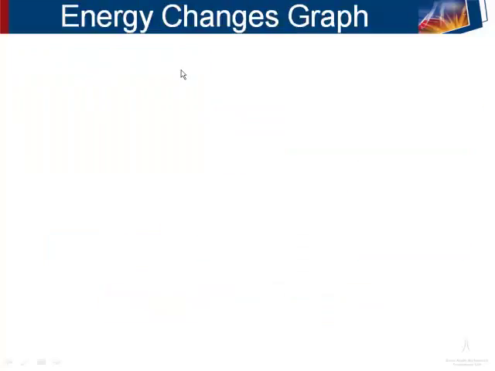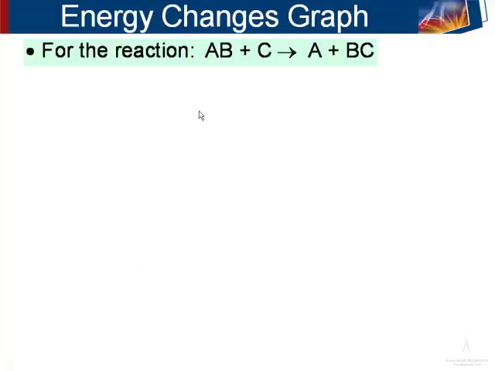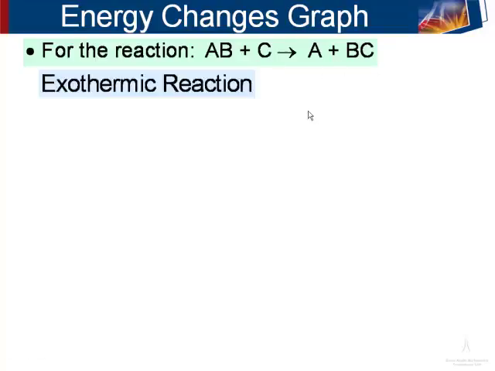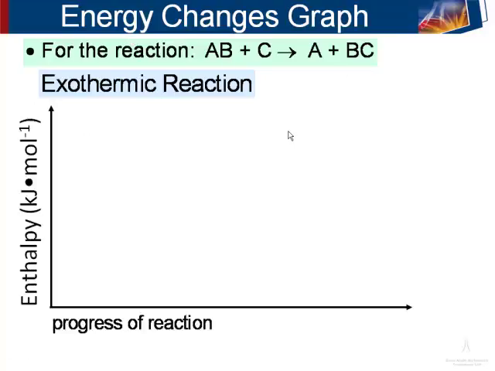Energy changes in a chemical reaction can be represented by means of a graph. Now let's consider our reaction AB plus C reacting to form A plus BC. And let's say this reaction is an exothermic reaction. So let's plot a graph of enthalpy versus the progress of this reaction.